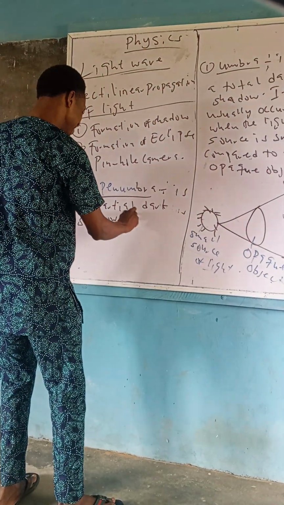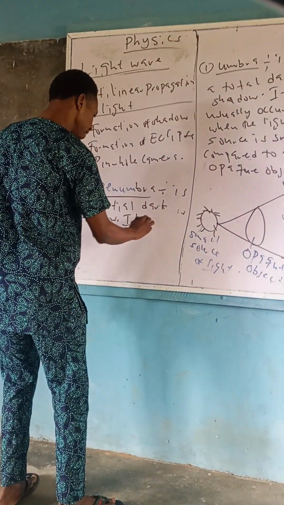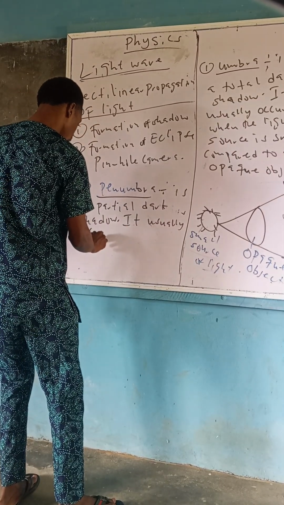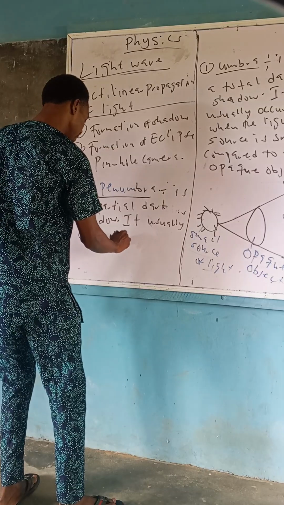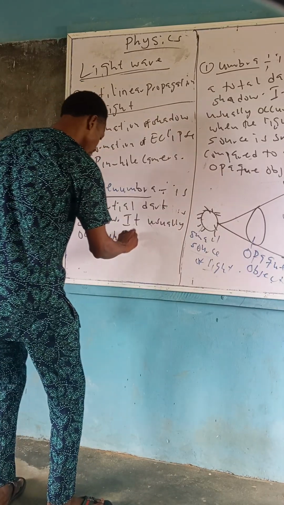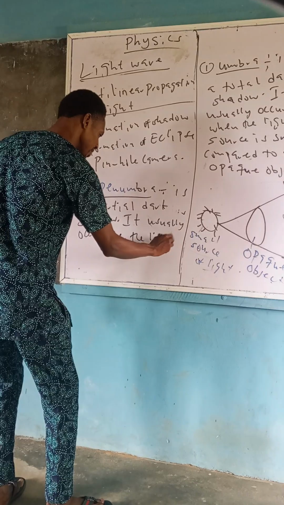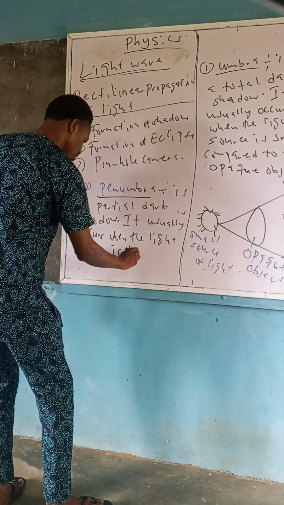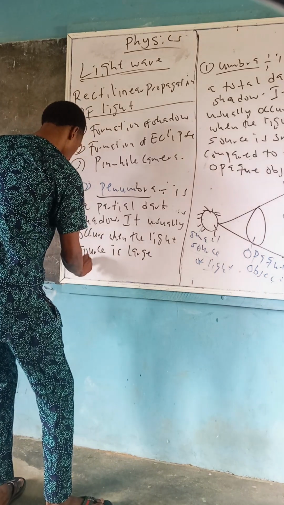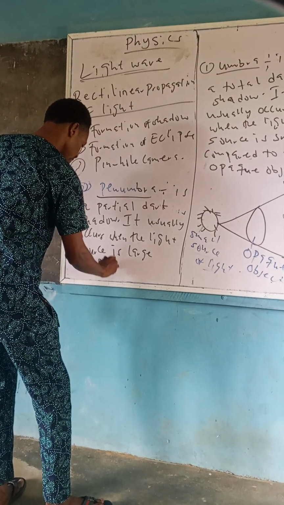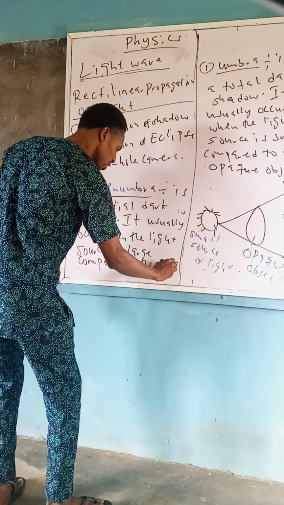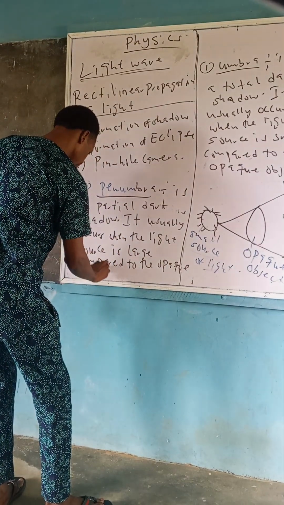It usually occurs when the light source is large compared to the opaque body.